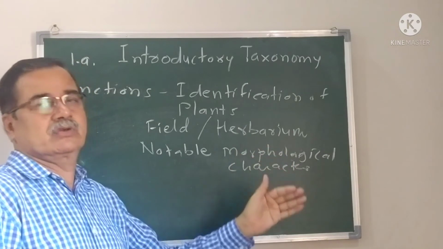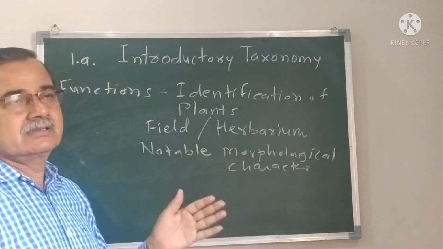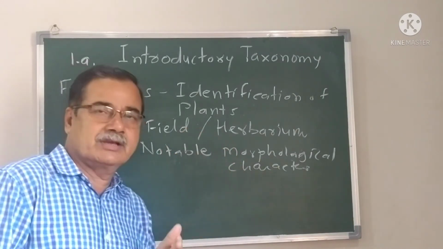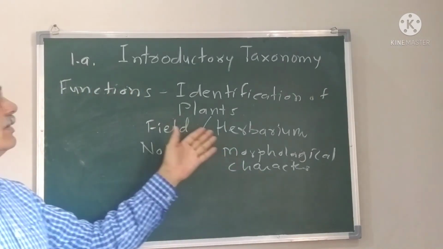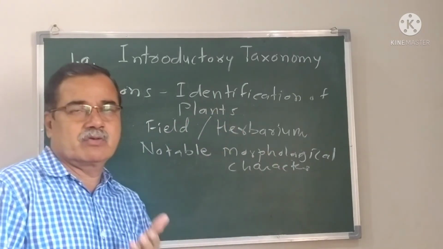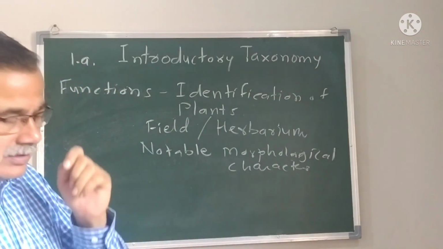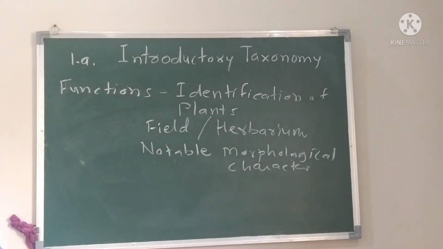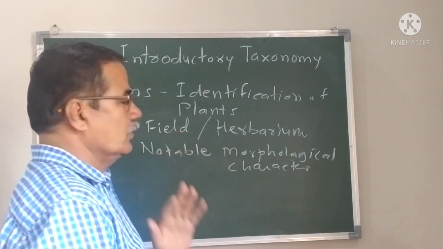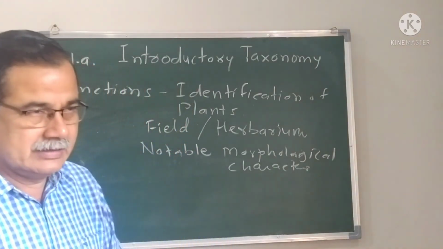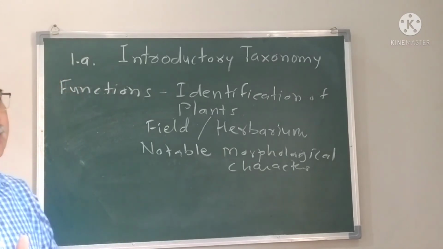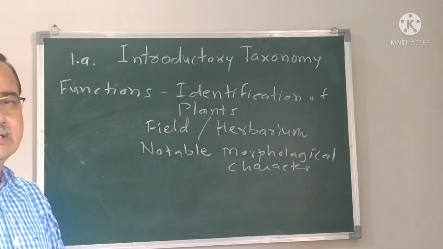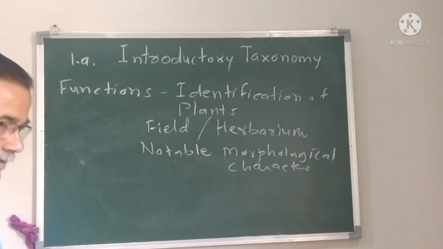Also how the sepals, petals, androecium, gynoecium are, the carpels, superior ovary. Fruits, if found, and the type of fruits. Such notable characters should be noted in the field diary, and then in the laboratory the notable morphological characters are studied in further detail.